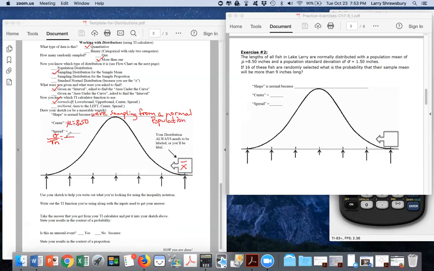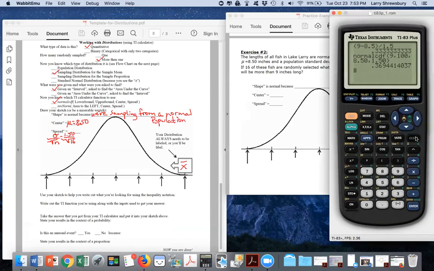And so we got our population standard deviation of 1.50, and we get a sample size of 16. So let's see what that standard error is equal to. So 1.50 divided by the square root of 16.